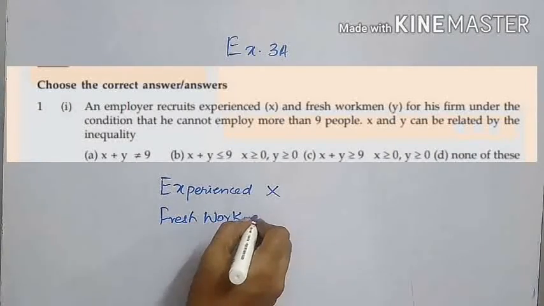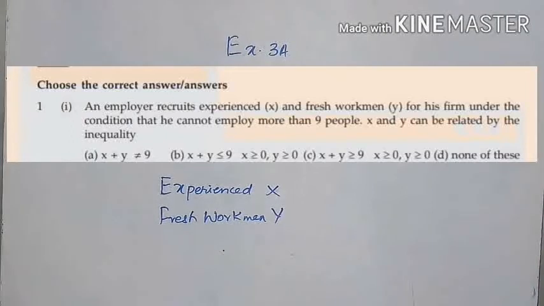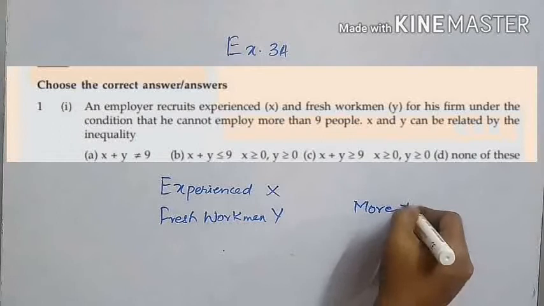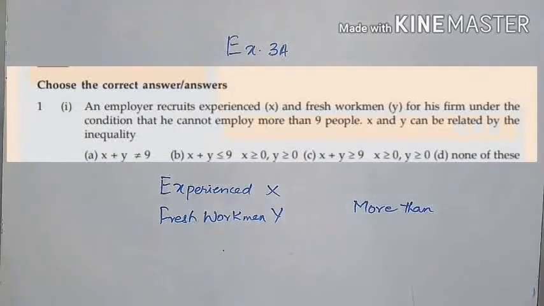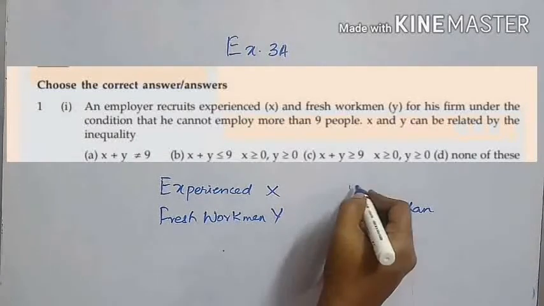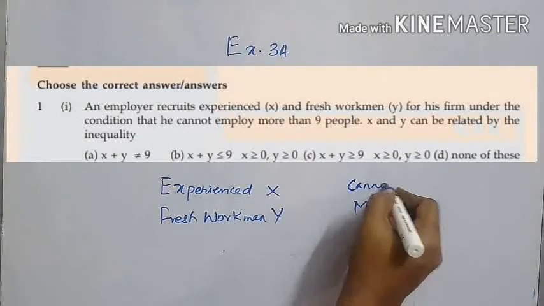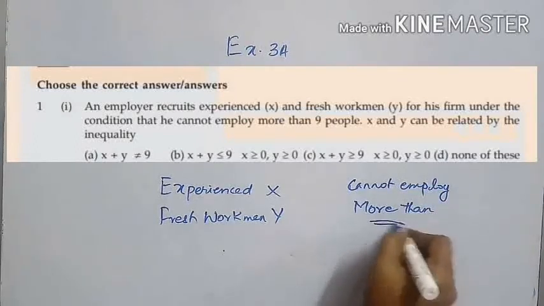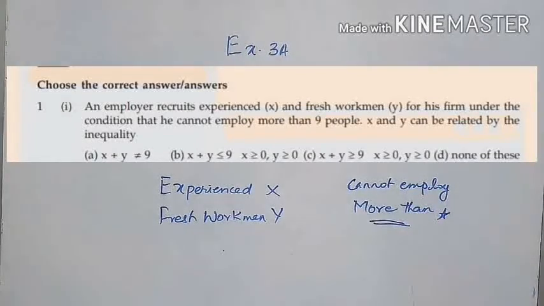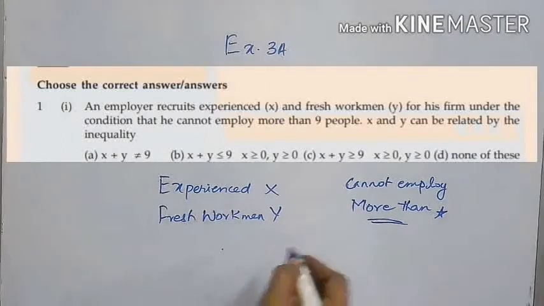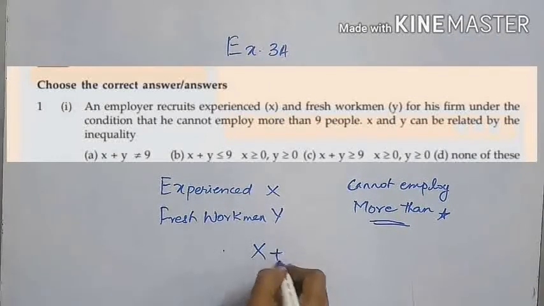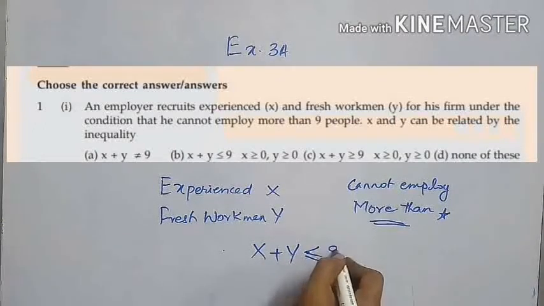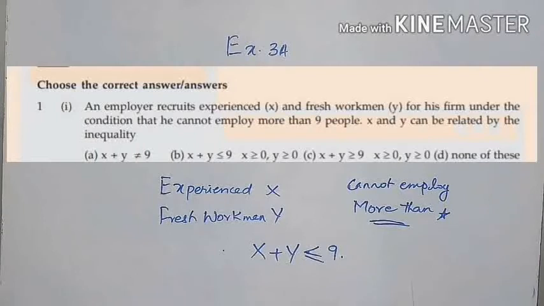Let X be the experienced number of persons and fresh workers are Y. The key word that we have to make note of here is "cannot employ more than," which means the inequality that we have to use is less than or equal to. So X plus Y is less than or equal to 9, which is option B.